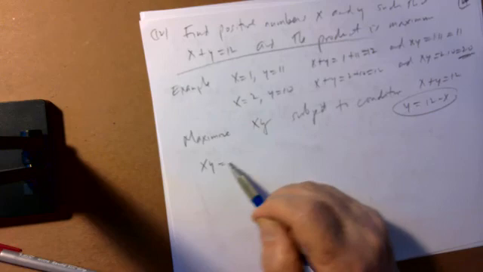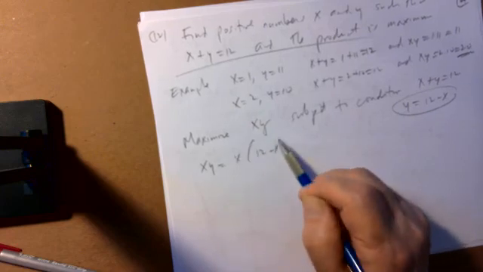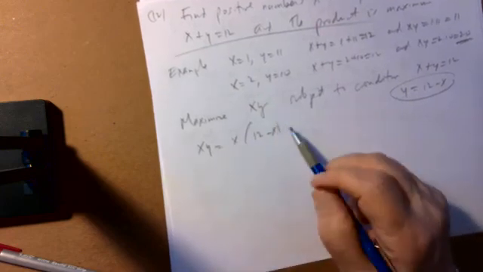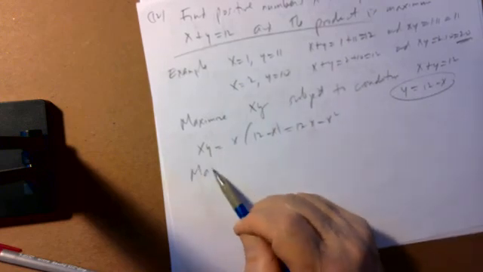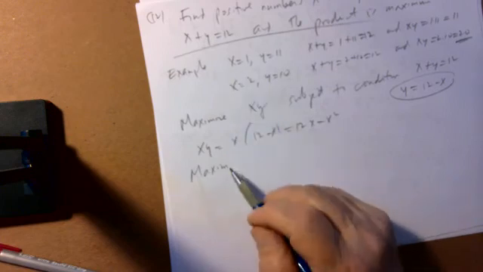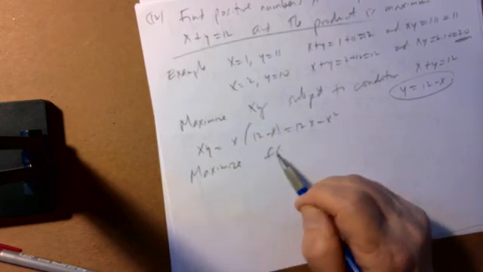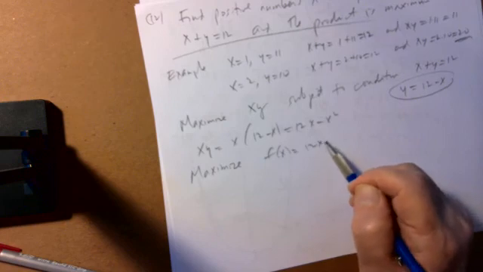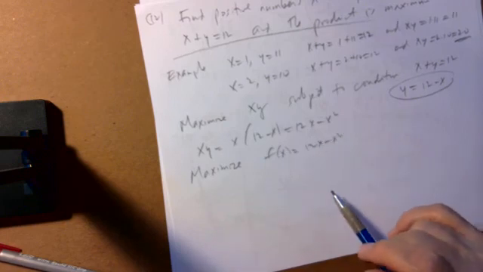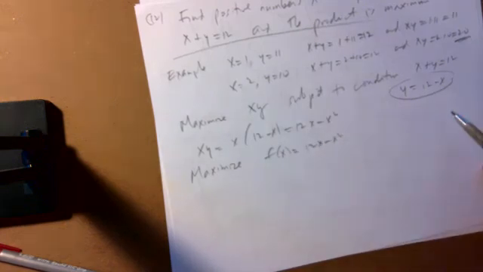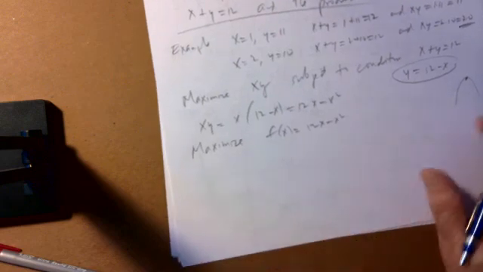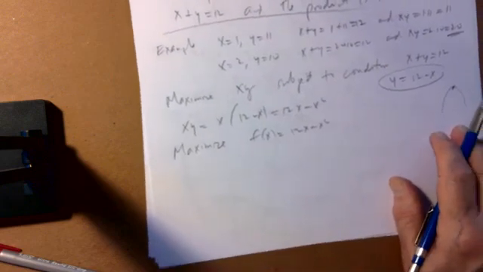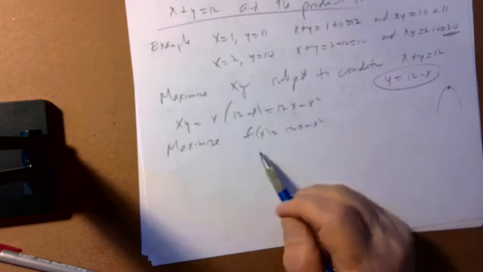So xy is really x times 12 minus x, which is 12x minus x squared. So to find the x in this problem, we want to maximize the function f of x equals 12x minus x squared. Of course, this is actually a parabola going down, so you know there is going to be a maximum. But usually the way you find a maximum is by differentiating and setting the derivative equal to 0.